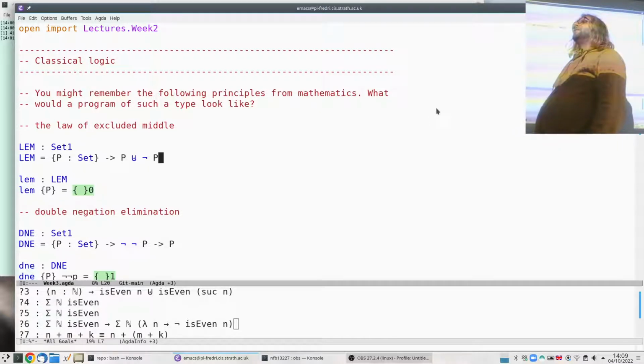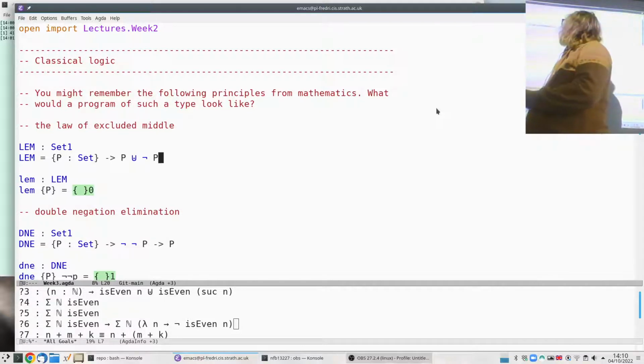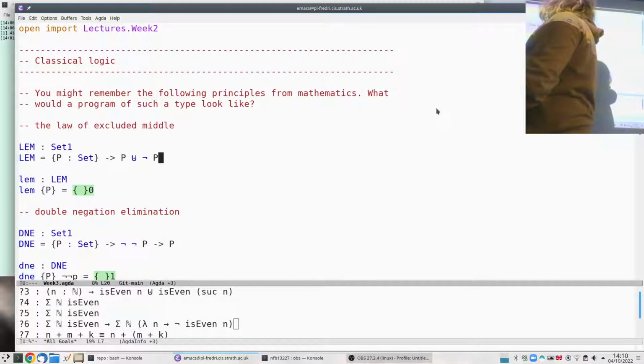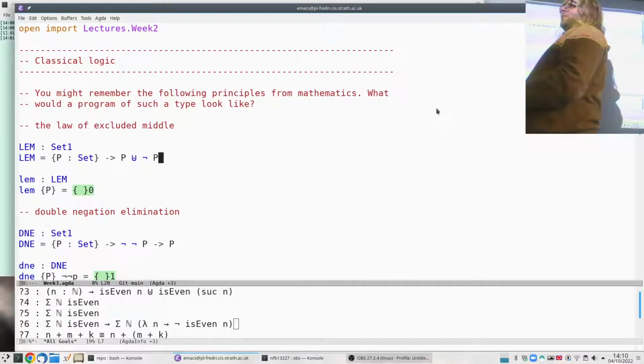Is that the same as having a function to the top type? This is the same as having a function from the top type. Assuming you have only true, nothing else, you can prove it.